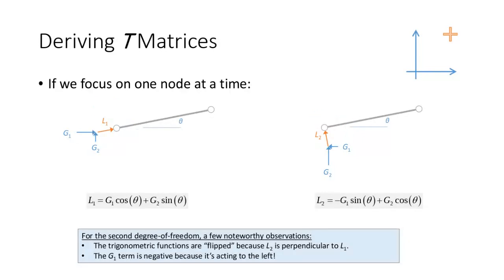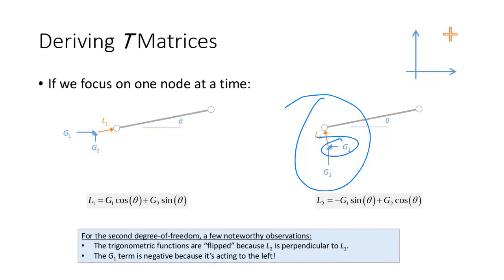Local degree of freedom 1 can be split up into x and y coordinates, right? So the global x and the global y is just g1 times the cosine, g2 times the sine. I'm using the l's and g's for local and global. Over here, this is where you kind of have to pay attention, because if you look locally and you split that up into x and y, this one goes the other way.